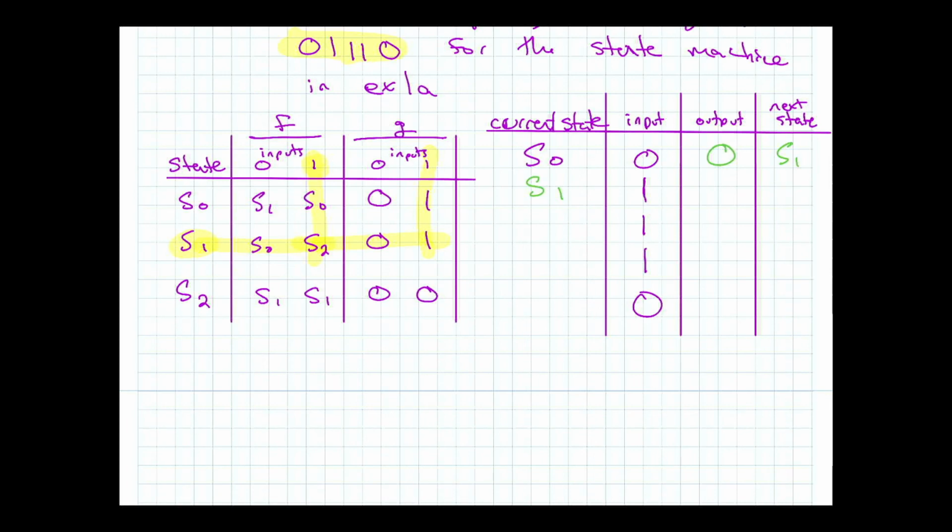And it should also tell you that your output is going to be this number 1. Then you take this and carry it down here. This is now your current state. Now you're in S2 and the input is 1.